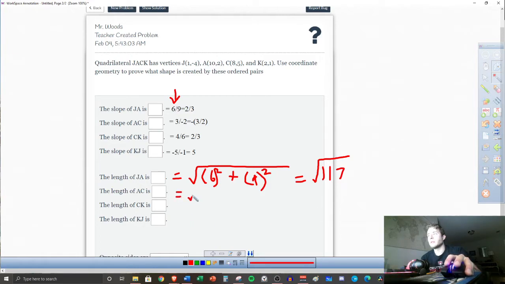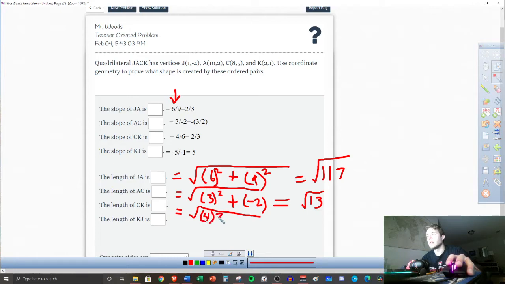We do the next one, so we're going to do 3 squared plus negative 2 squared. And we should get square root 13, just like the last problem. Do the next one here. We're doing 4 squared plus we have 6 squared.